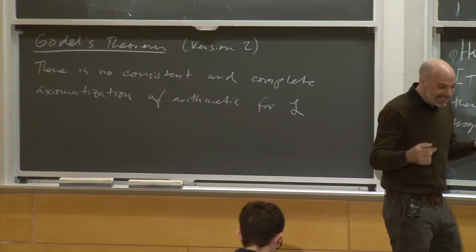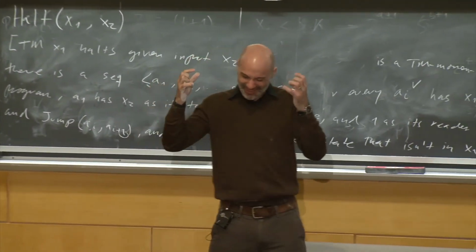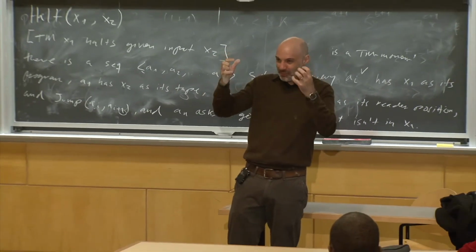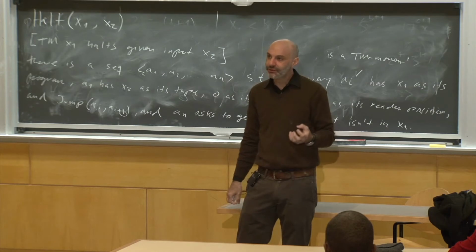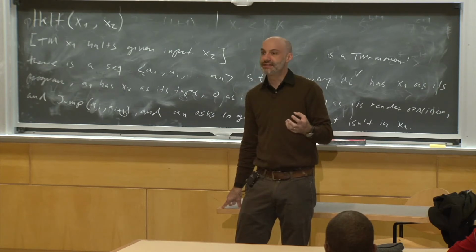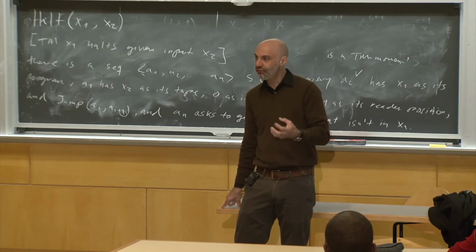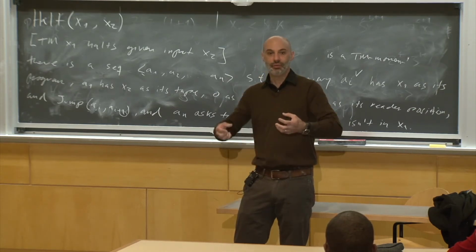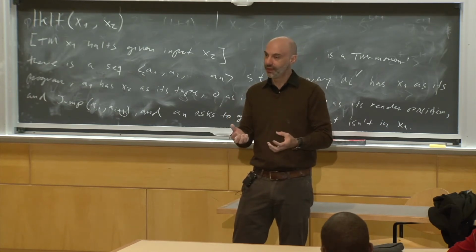So let me just state once more what the big picture is, so that that's what you keep in the index of your mind. So you can think of Gödel's theorem as a complexity result. It's a result that says that arithmetical truth is so complex that you can't capture it with finite instruction. There's no finite set of instructions that can encapsulate all there is to be said about arithmetical truth.